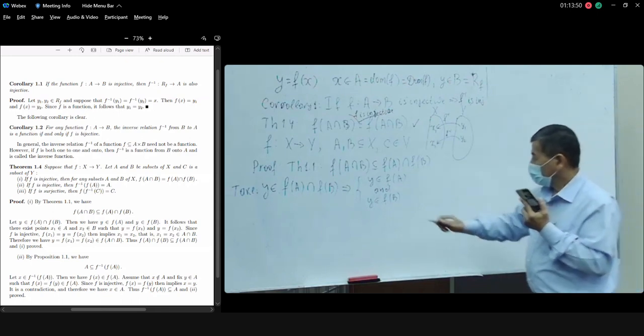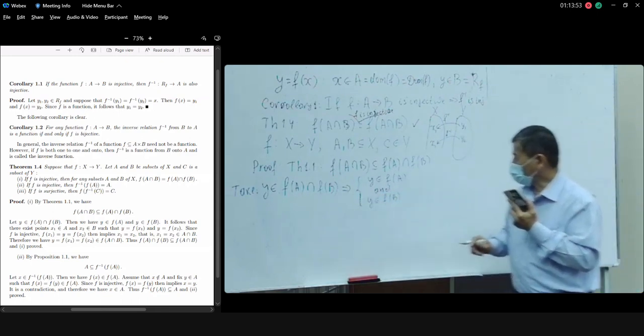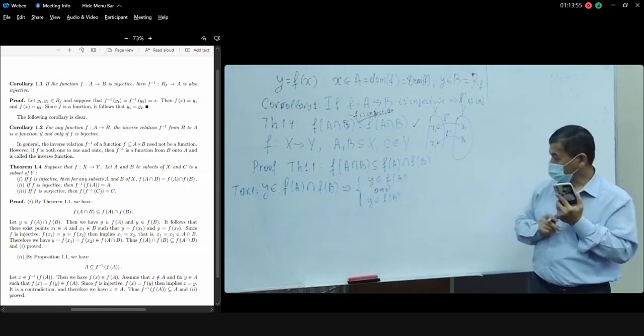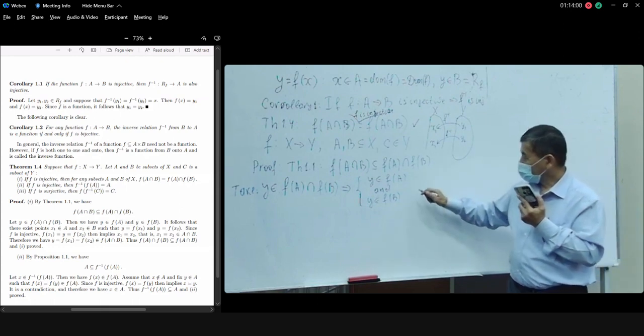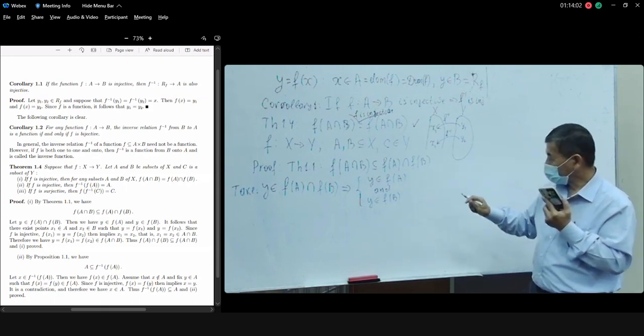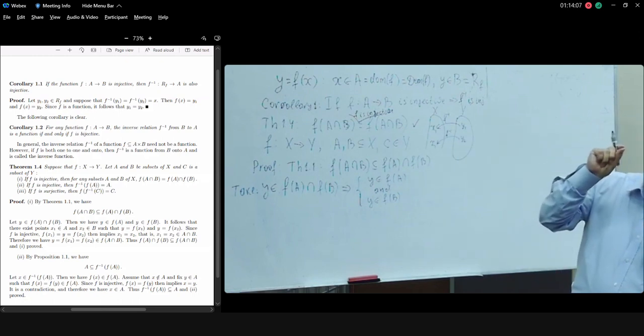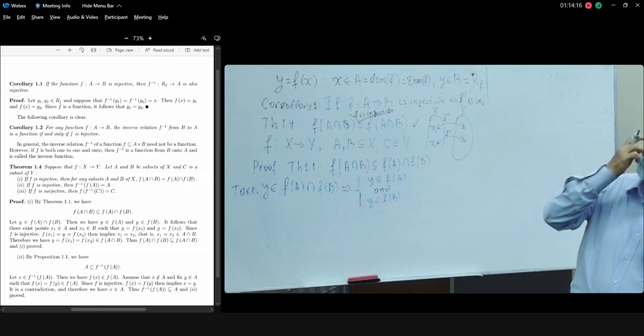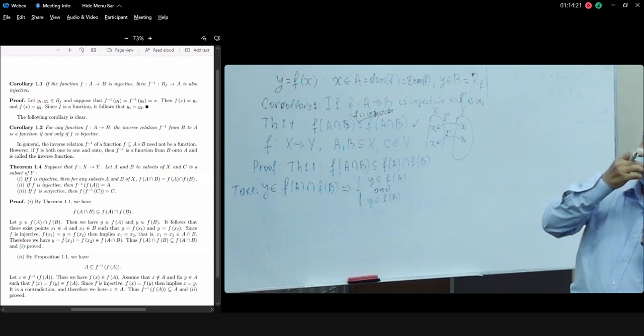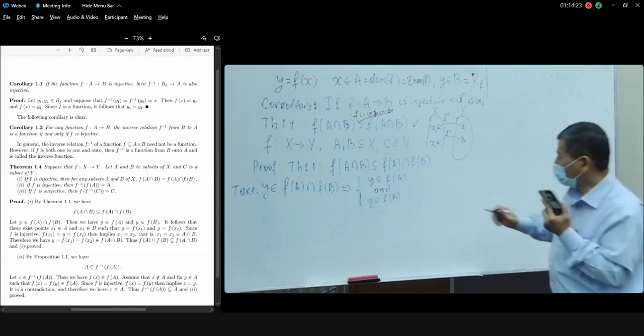Since y is in f of A and f of B, there exists a point x1 from A and x2 from B, such that y equals f of x1 and y equals f of x2.